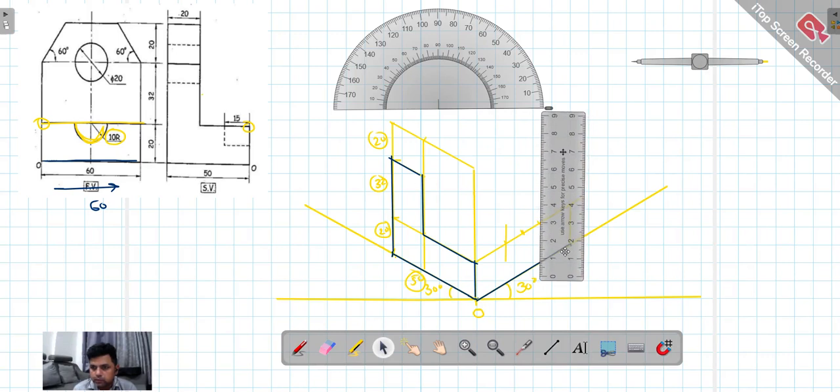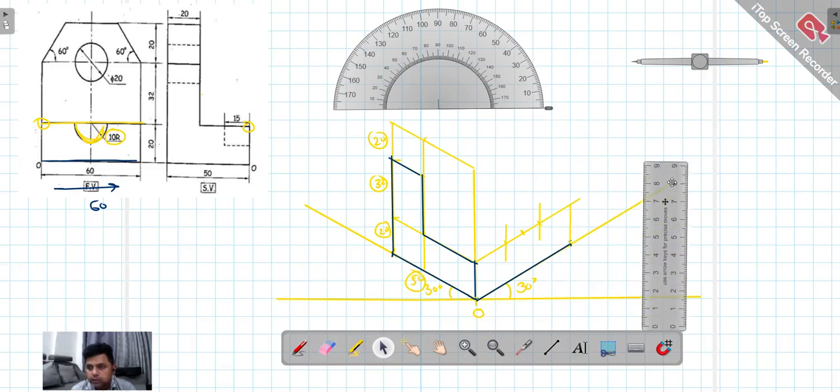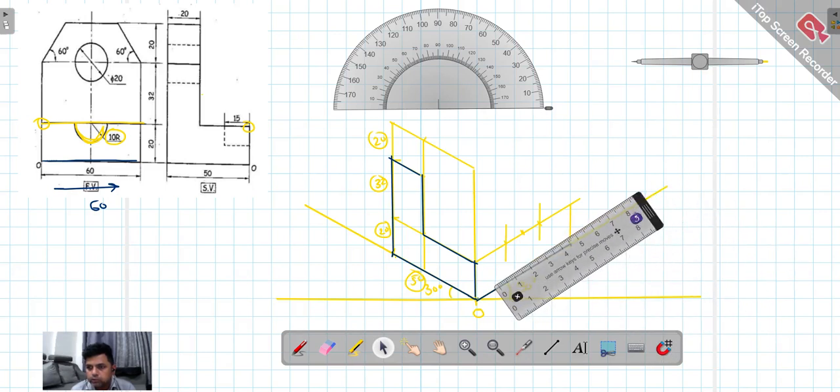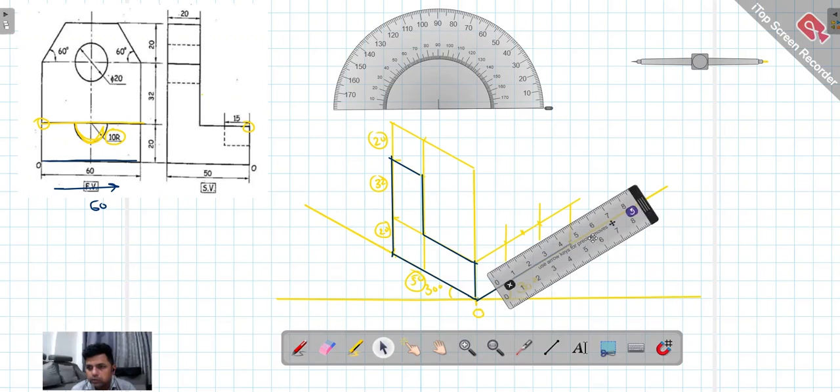Now I'm keeping it on 3 so that I can easily mark 10 mm down and 10 mm up. Okay, I need to rotate the scale. Why? Because now we are supposed to join these lines. All yellow is the front line, of course, you can easily understand it now.